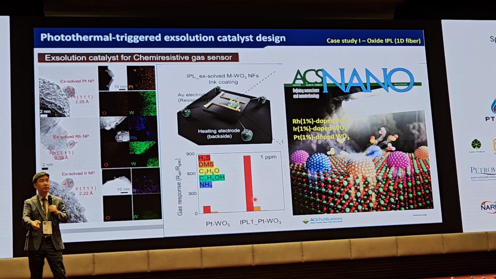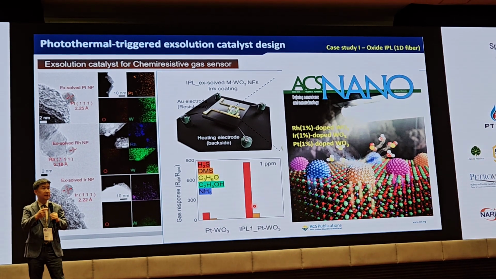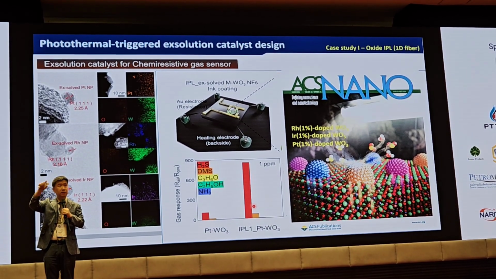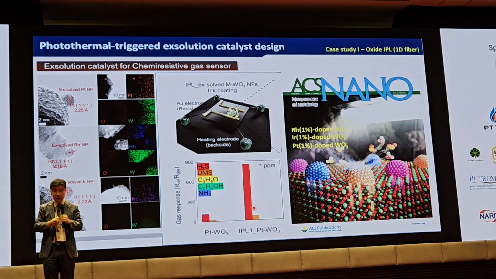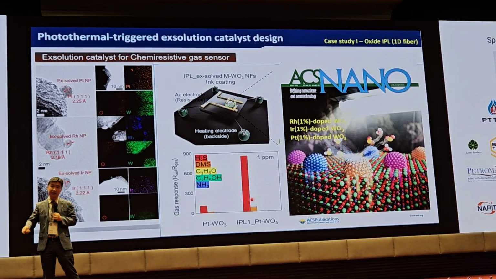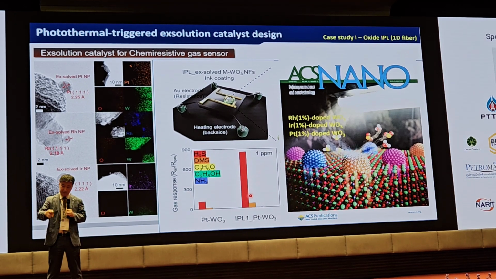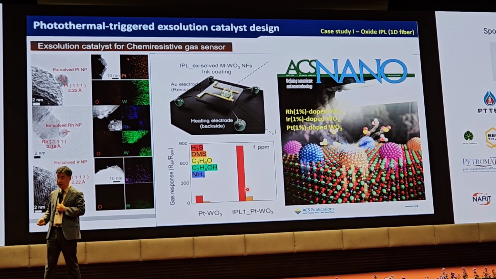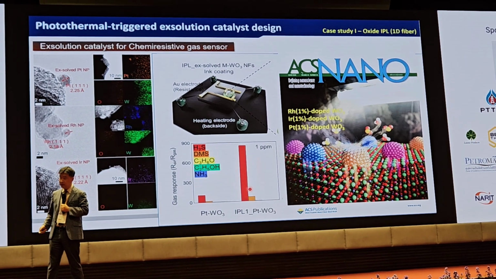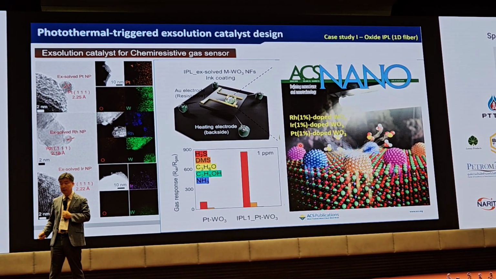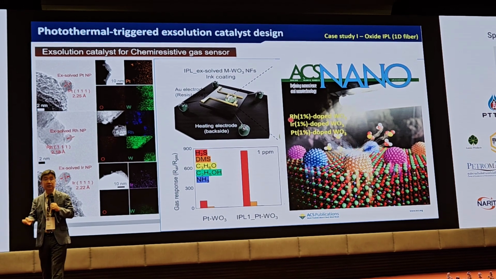I mentioned that for exsolution catalyst design, we need high temperature, 700 degrees C, and reducing atmosphere annealing. I'm very interested in how we can get rapid, very fast processing using this IPL. So we prepared, as you can see here, rhodium, iridium, and platinum doped tungsten oxide nanofiber.